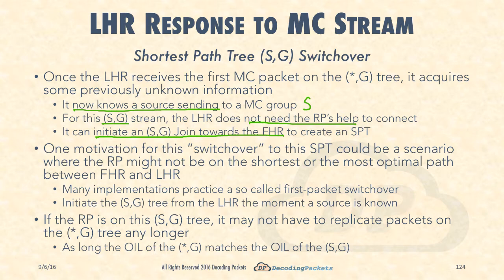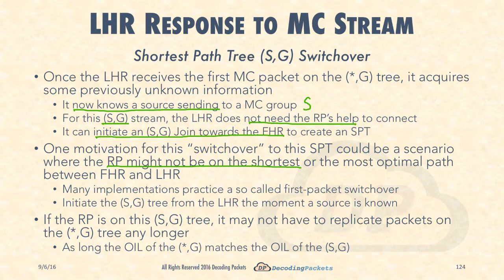There could be a scenario where the RP might not actually be on the shortest path tree. We will look at this particular phenomenon in some detail, but it could be that the shortest path between the FHR and the LHR does not really pass via the RP. The RP could be way, way far away, maybe multiple hops away.